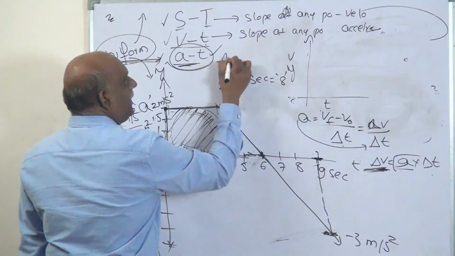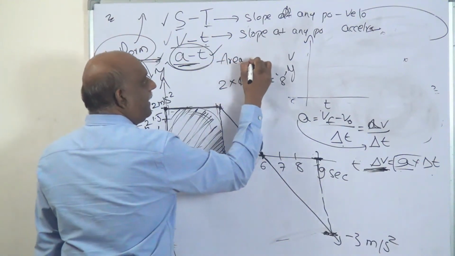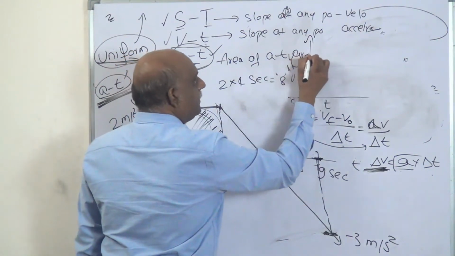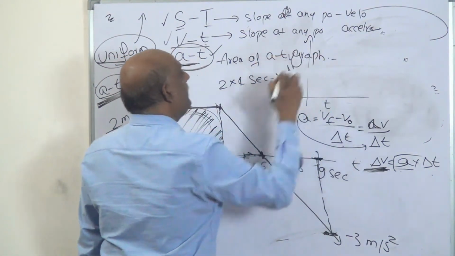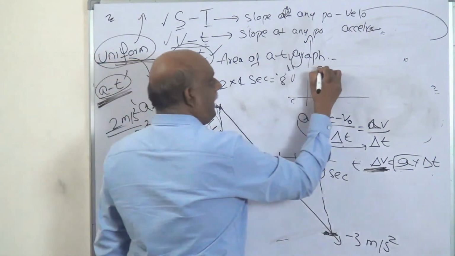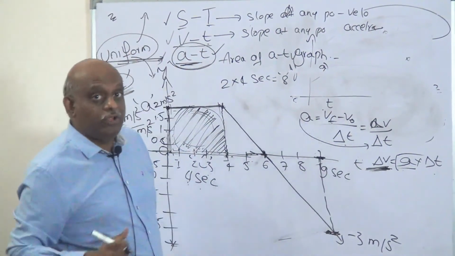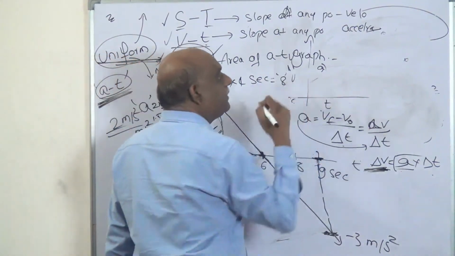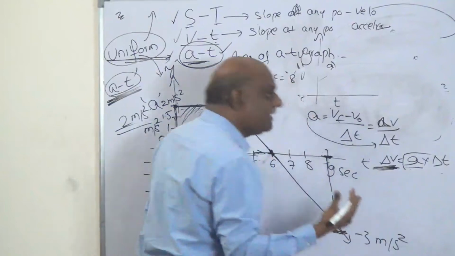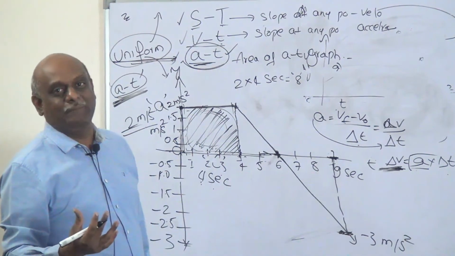So this is a very important statement. Area of the acceleration time graph, what is the purpose of it? What will be the options given by the examiner? A, is it to find the initial velocity? B, is it to find the final velocity? Or is it the change in velocity that you want to find over a period of time?